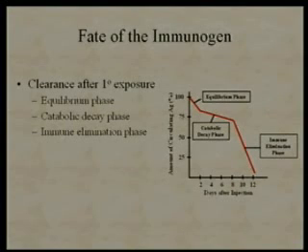Then there's a more slow degradation or decrease in the amount of antigen, and that's called the catabolic decay phase, because what's happening here, the macrophages are beginning to metabolize this thing. We're breaking this down, and this is a metabolic process. It takes some time. But then roughly about a week to 10 days afterwards, you see a very rapid decline in the amount of antigen.